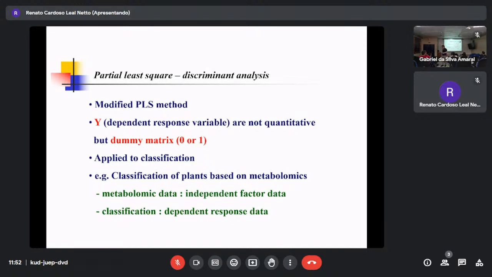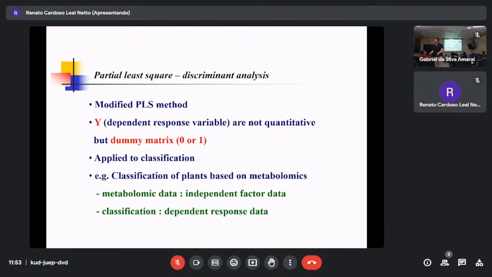But sometimes, instead of this continuous variable, we have a label: this sample is Korean, this one is Brazilian, this one is Japanese. Korean, Brazilian, Japanese, are they quantitative data?